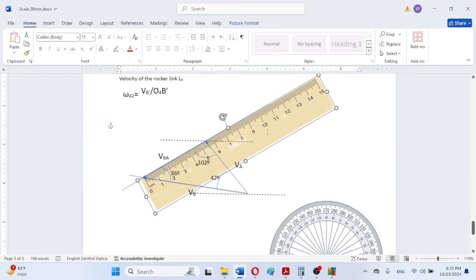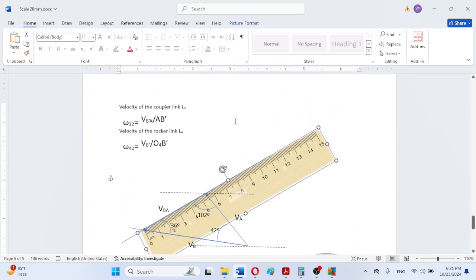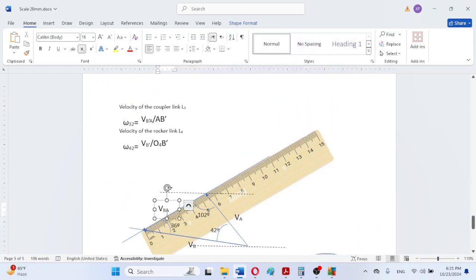So that means the magnitude of VB dash A is actually 5.4 centimeter multiplied by 200.